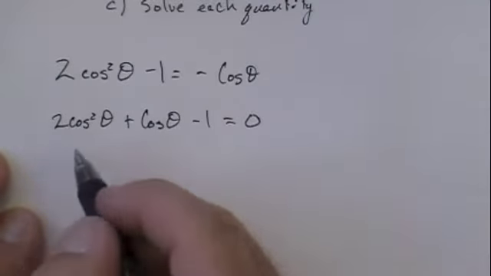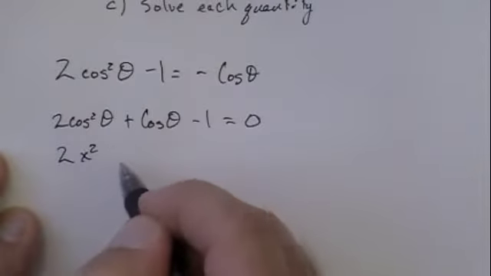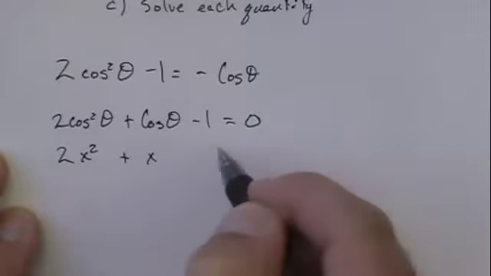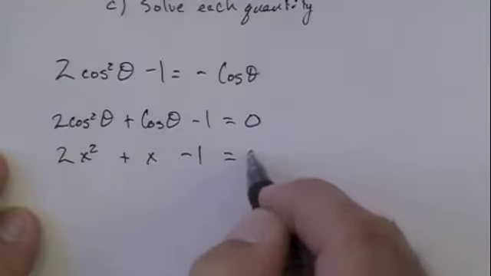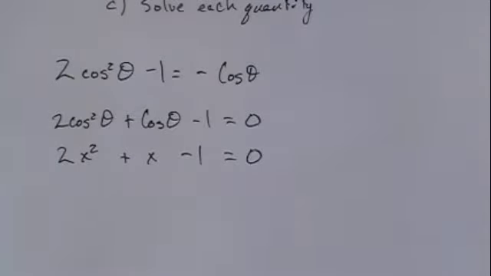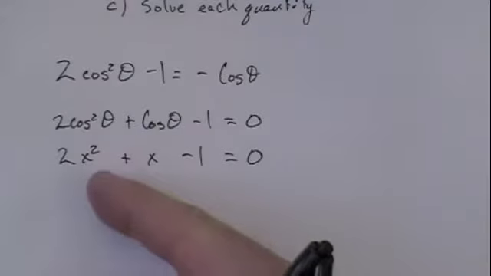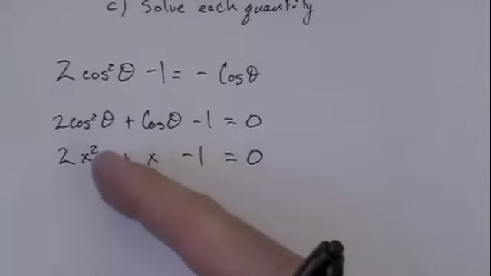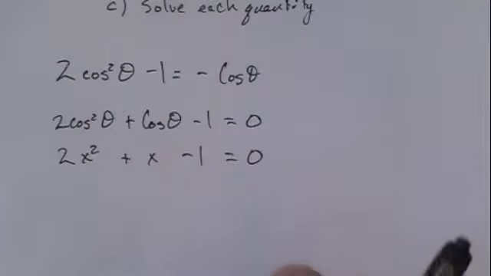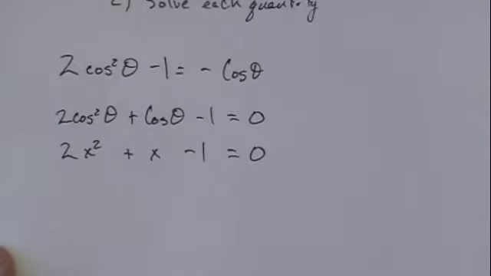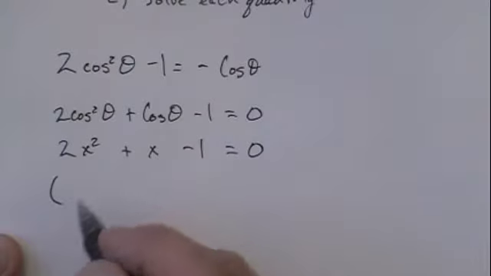Now we can think of this as 2x squared plus x minus 1, if that's going to help us with our factoring, and just substitute x in for our cosine value. So here we'd have an x squared for the cosine squared theta, and here's an x for cosine theta. And now we're factoring.